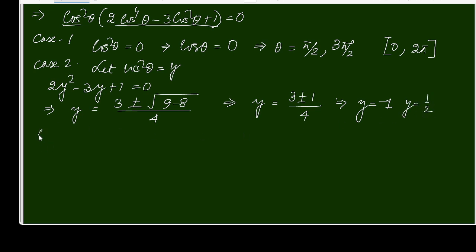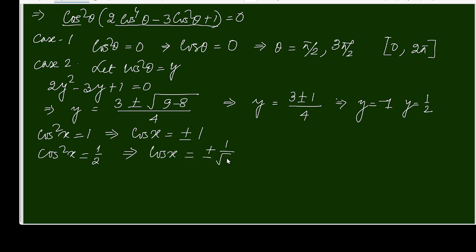So what is y? y was cos^2 x. So cos^2 x is 1, that means cos x equals plus minus 1. And in the second case, cos^2 x equals half, which gives us cos x equals plus minus 1 over root 2.